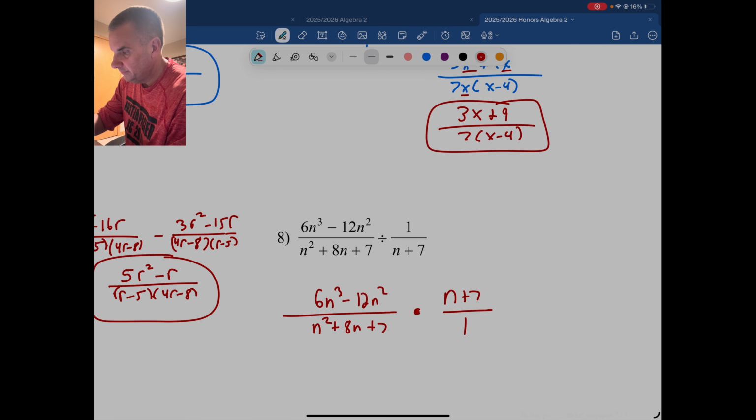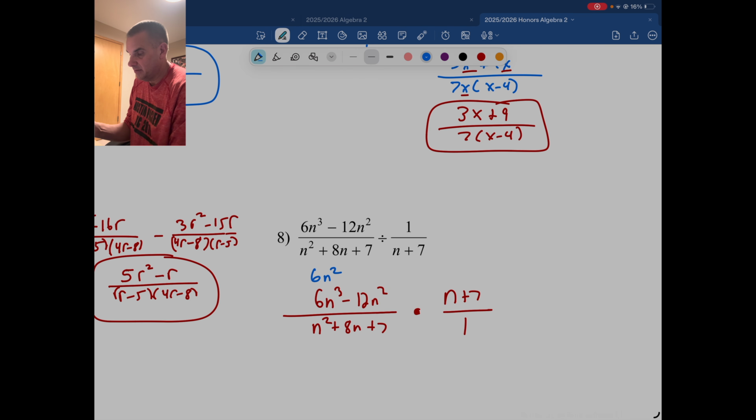Factor, common factor there is 6n squared. I don't know if that's going to do us any good. That just leaves us with n minus 2. And this is n plus 7, yay, n plus 1.